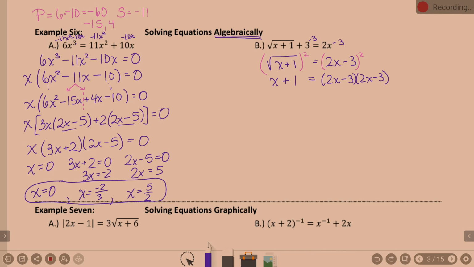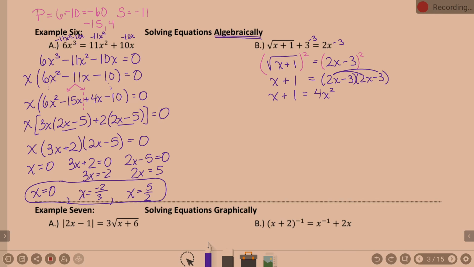If you need the visual, write it out. If you can foil in your head, awesome. So I have x plus 1 on the left. On the right, first, 2x times 2x is the 4x squared. Then outsides, 2x times minus 3 is minus 6x.